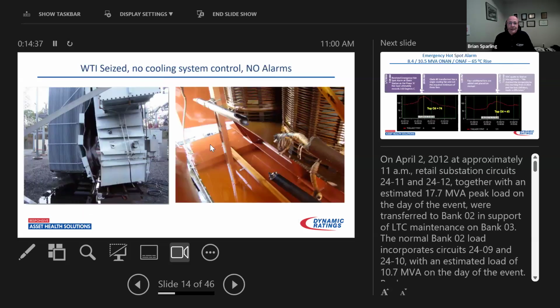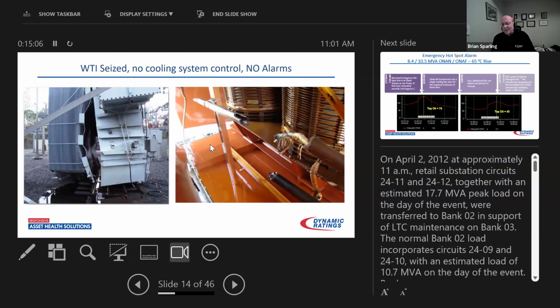The result is this. The winding temperature indicator had seized up. Moisture had gotten inside, and it stopped working. That controlled the cooling system. So when it got hot, as the top oil temperature was well over 100 degrees C, there was no control, no alarms, because the alarms were tied to the winding temperature indicator, not the top oil temperature indicator. And the fault was down, way down below.